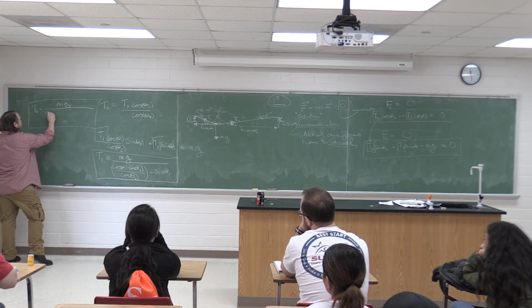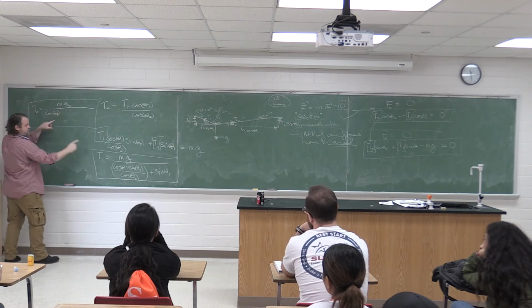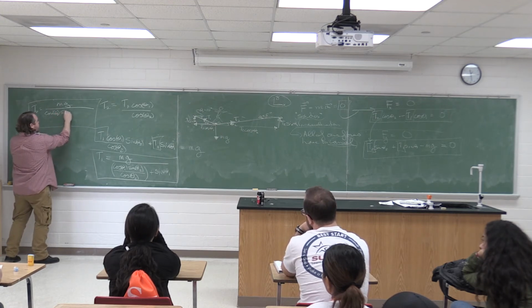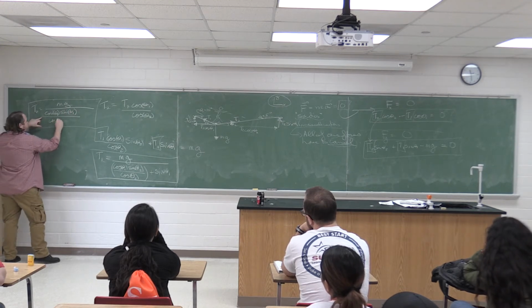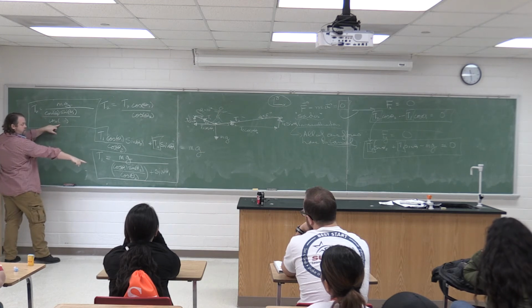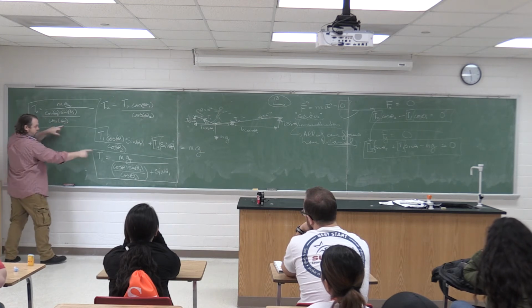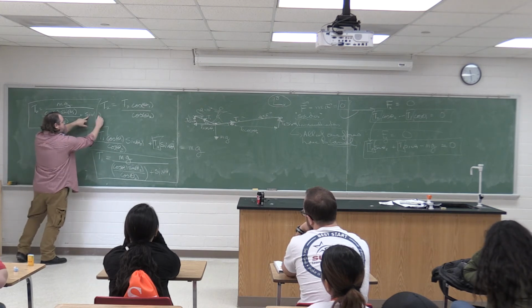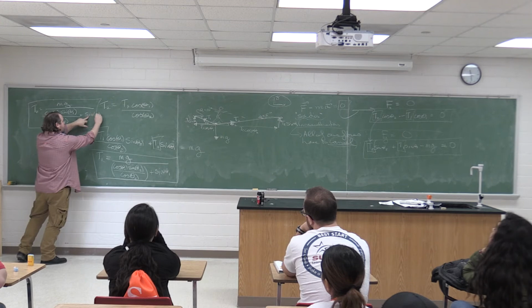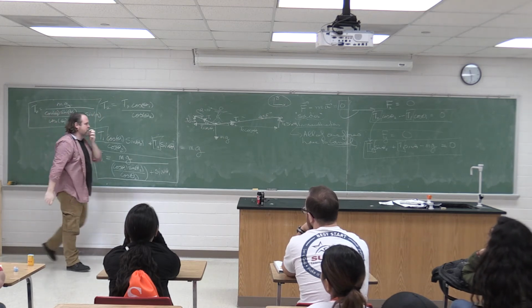Cos theta 1 turns into what? Cos theta 2. Sine theta 2 turns into sine theta 1. Cos theta 2 turns into cos theta 1 plus sine theta 1 turns into sine theta 2. Okay. That should be good.